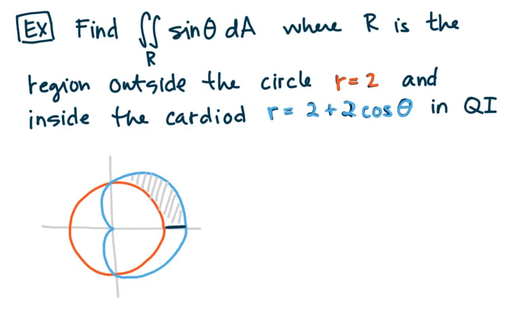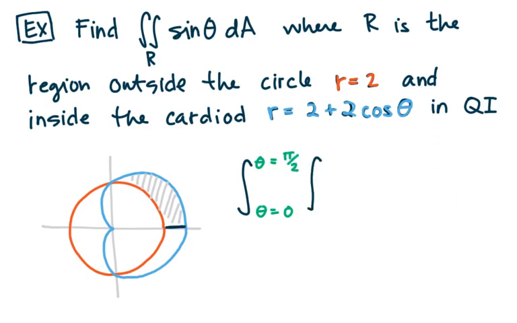So how do I set up my bounds for integration? Now, theta always goes on the outside. And if we look at graphing this from here up to the vertical y-axis, that's going to be theta equals 0 to theta equals pi over 2.